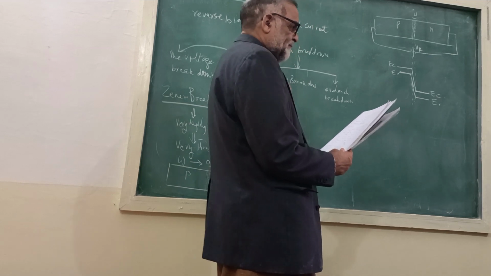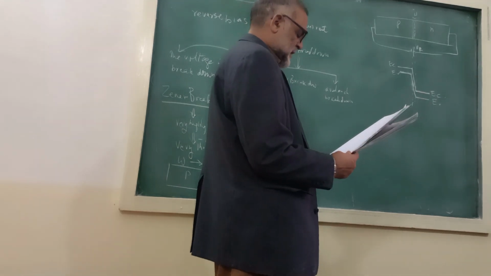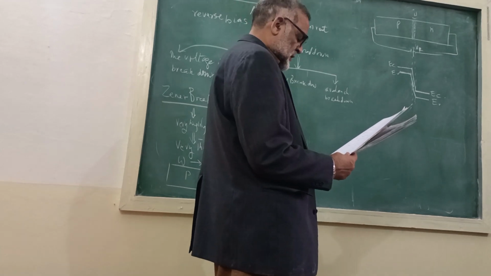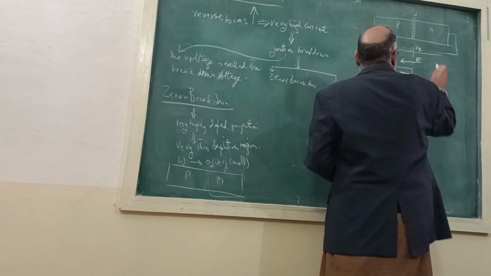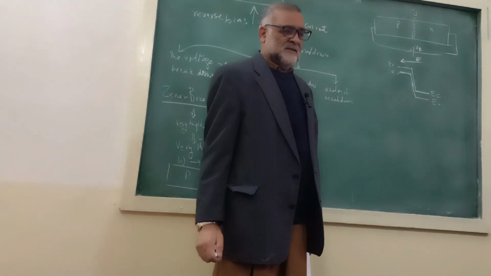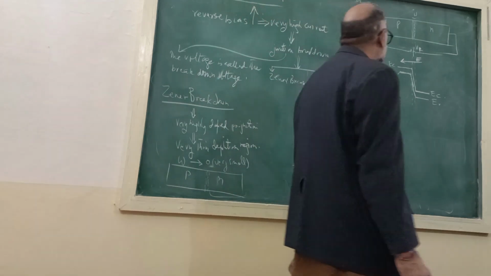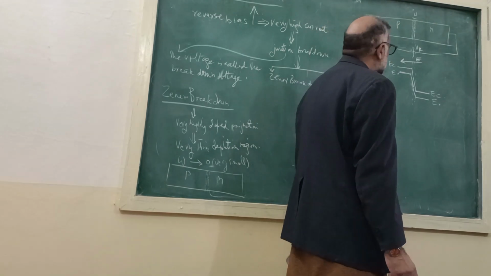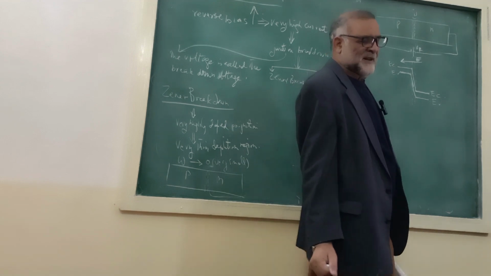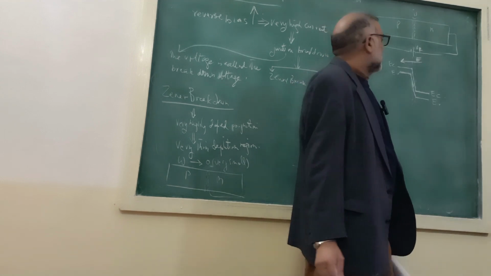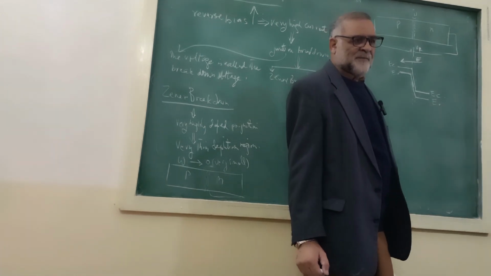You have applied the reverse biasing, so the electric field is in this direction. Tunneling is a quantum mechanical behavior. In this situation the barrier is very small, and the energy here is greater than the energy there.